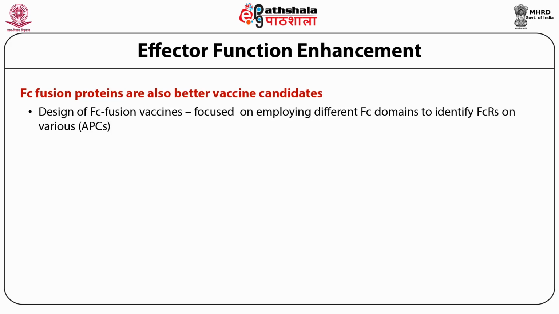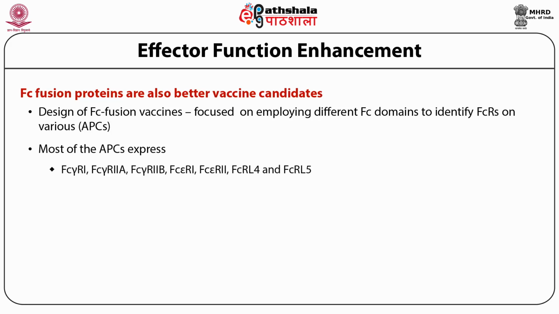So in this particular case, most of the APCs, as we know, express Fc receptors, for example Fc gamma receptors R1, R2A, R2B, and Fc epsilon R1, Fc epsilon R2, FcRL4, and FcRL5 receptors.